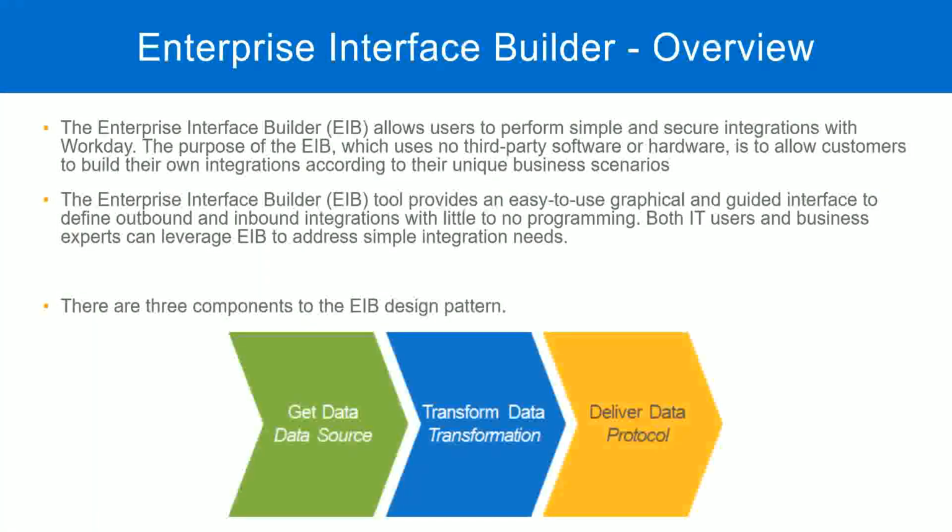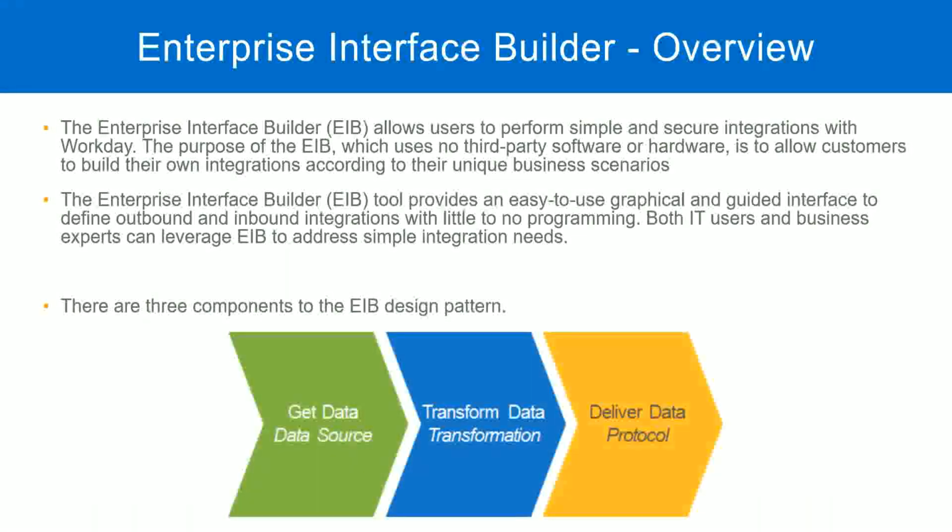The third step will be to send the data to the recipient, or to deliver the data. When we create an integration using EIB, we will see these 3 steps there as well. Get data, transform data, deliver data. These are the 3 components in an EIB design pattern.